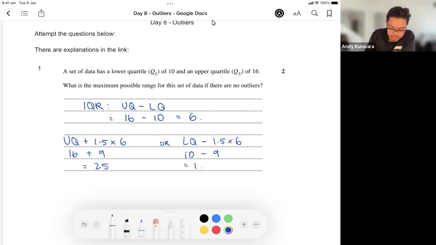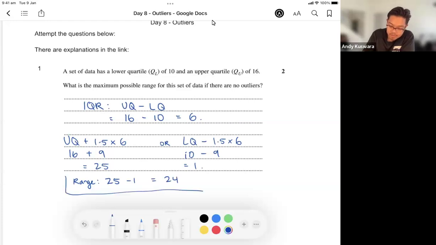So that means the range of scores, and normally the range is highest minus lowest. You have to be careful here because we're not asking for the range of all the data. Oh, yeah, you know what? Maybe we can. So the range, I would just say 25, take away 1, so in this case you would say 24.